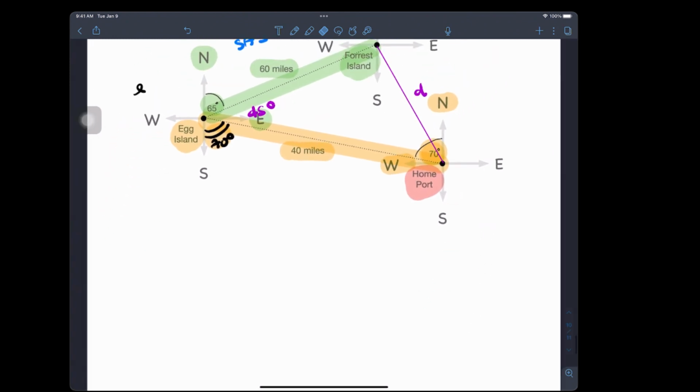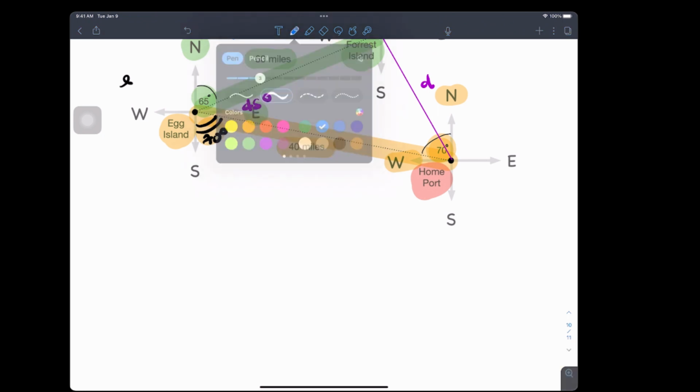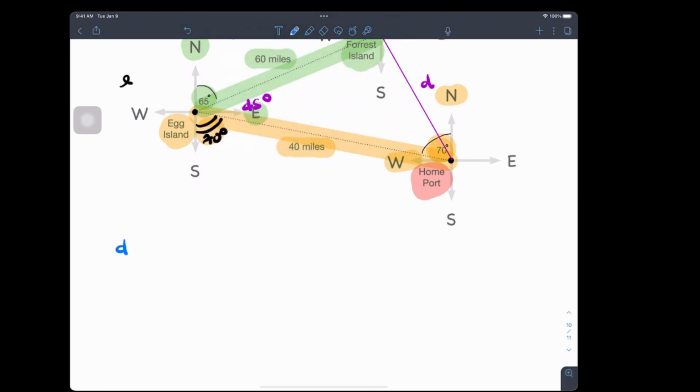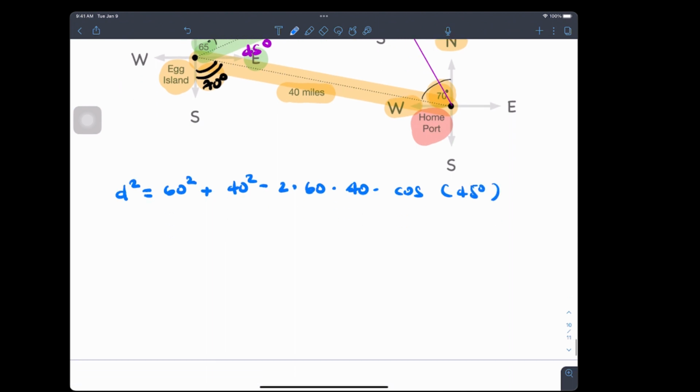So at this point now, you can say, okay, what's my d squared now? So then d squared becomes 60 squared, right, plus that 40 squared, minus 2 times 60 times 40 times cosine 45 degrees, which means d will become the square root of all of that.